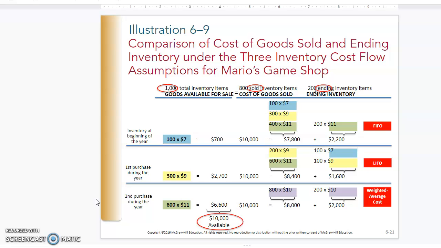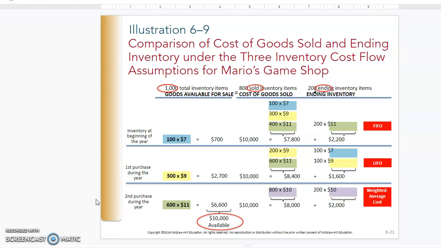We sold 800, so we have to take 400 of the second purchase at $11. Add those up. What goes into cost of goods sold is $7,800. From the $10,000, that leaves $2,200, which is 200 units at $11.